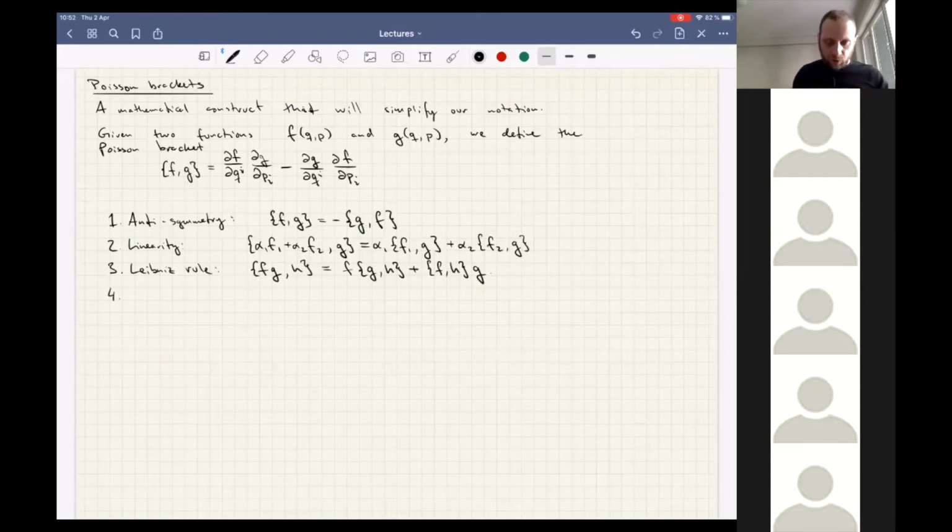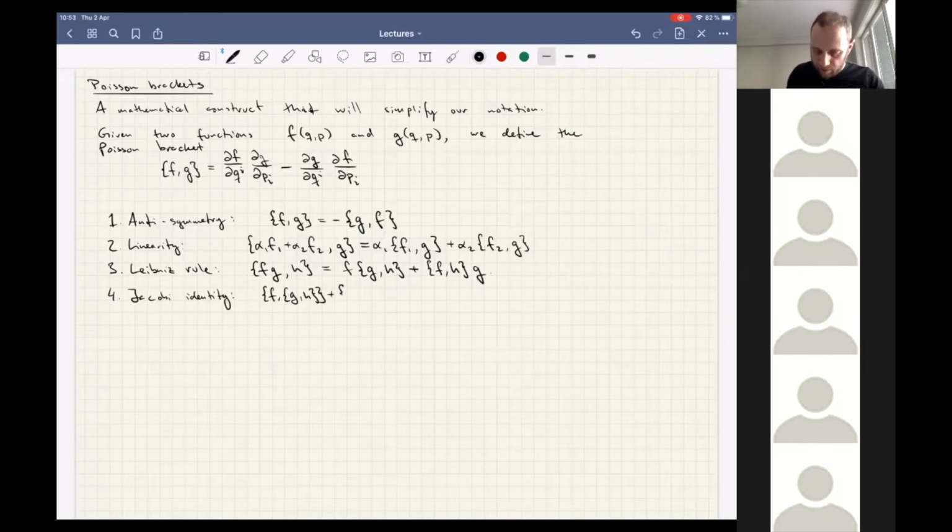And the last one is called the Jacobi identity. I'm not going to go through it because it takes some time, but essentially it says that we take f, and then we take the Poisson bracket with the Poisson bracket of g and h, and then we add the cyclic permutations of this.